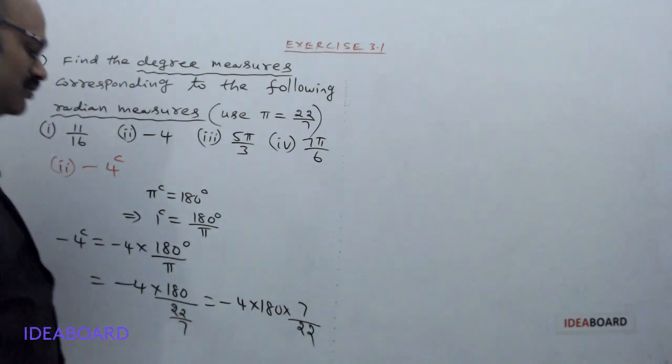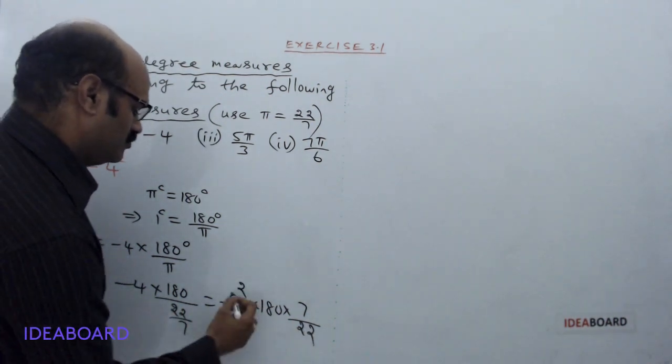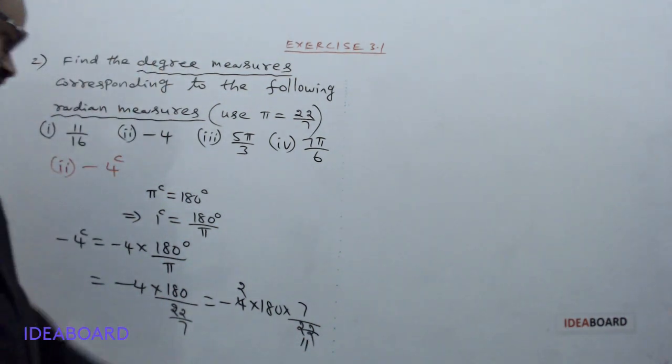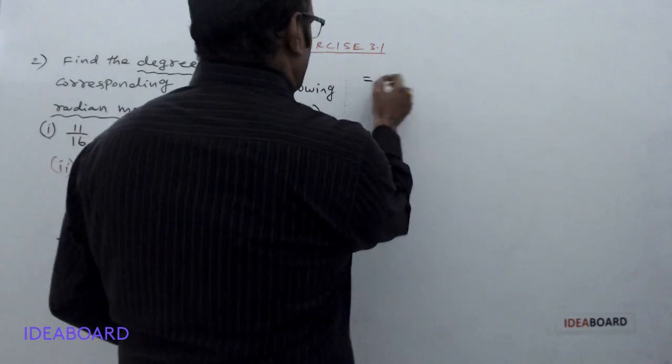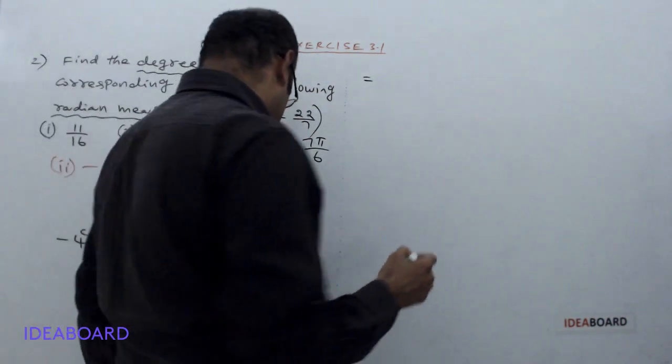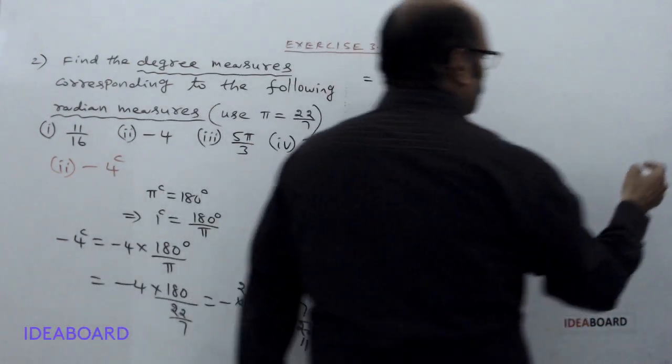Now this will be 2 2s, 2 11s, equal to minus 14 into 180.